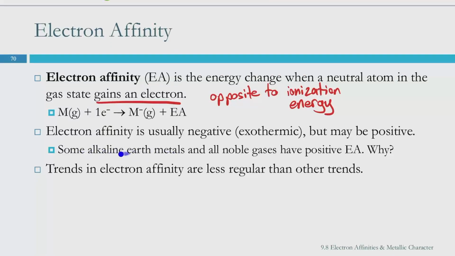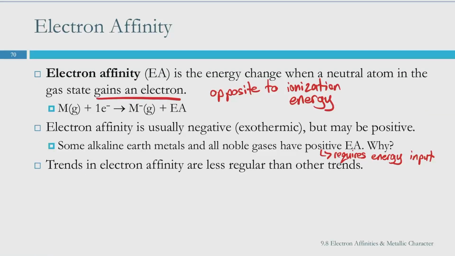Some alkaline earth metals and all noble gases have positive electron affinity, meaning you have to add energy. They don't just willingly accept gaining an extra electron.